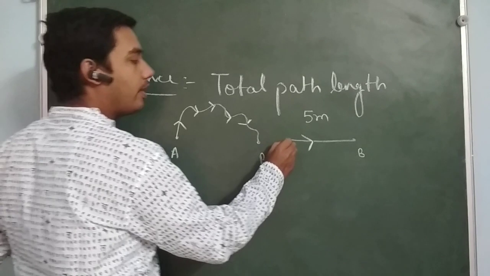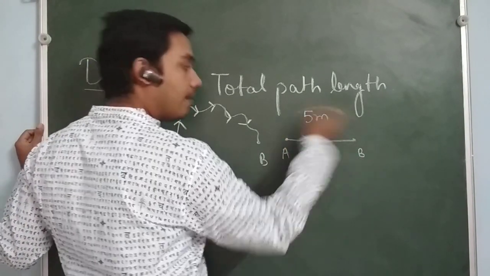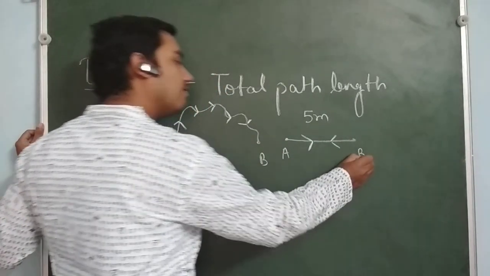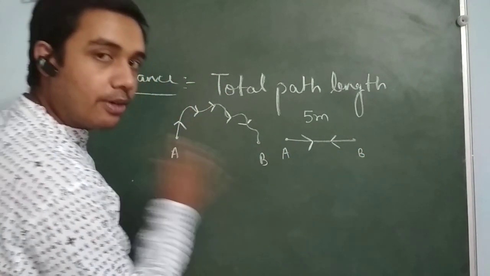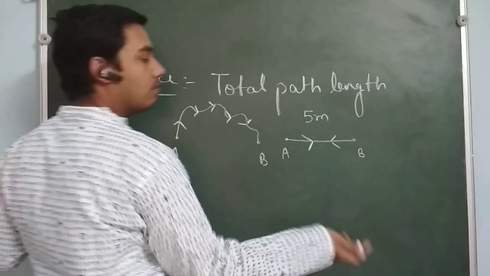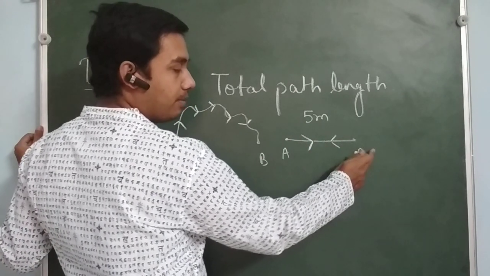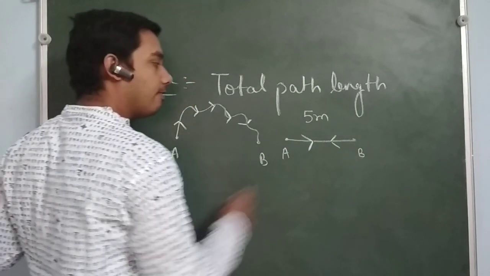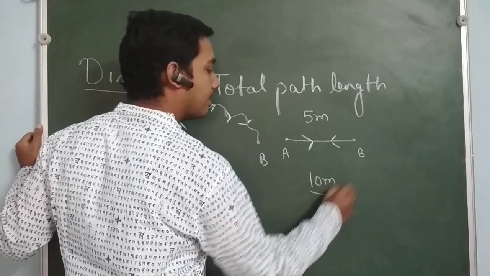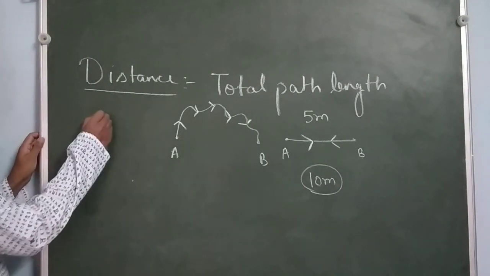So I am going from point A to point B, and after reaching point B, I am turning back and traversing my path back to A. That means I am moving back from B to A. So what is the total distance covered? 5 for going from A to B and 5 for returning from B to A. So 5 plus 5, total distance कितना आ गया? 10 meters. Clear है?